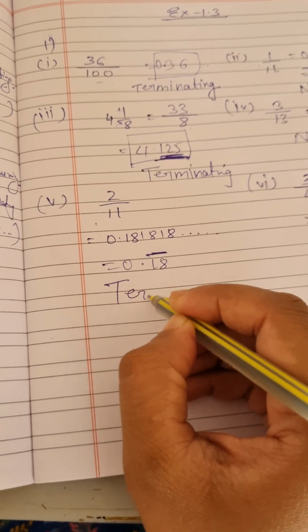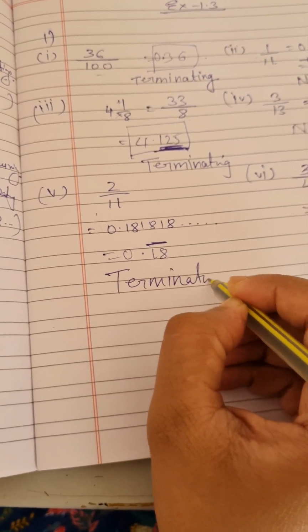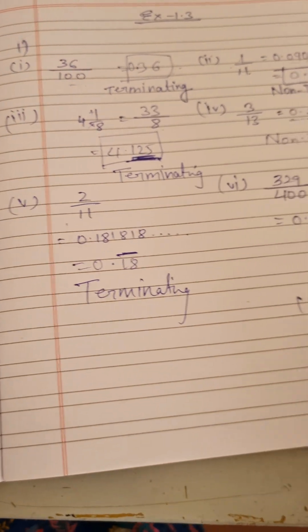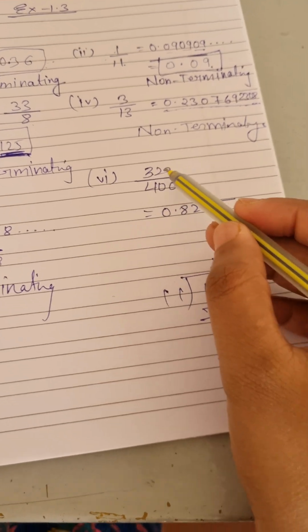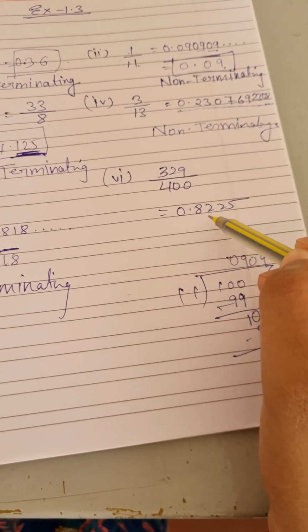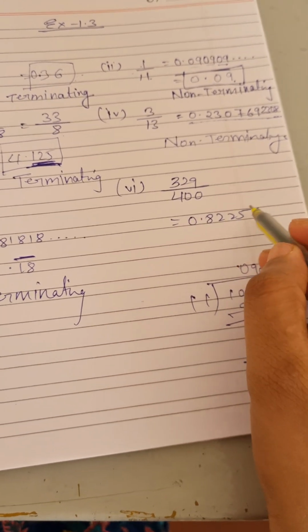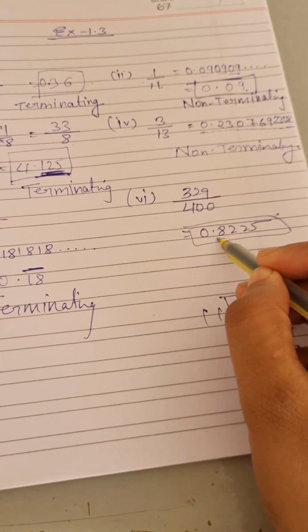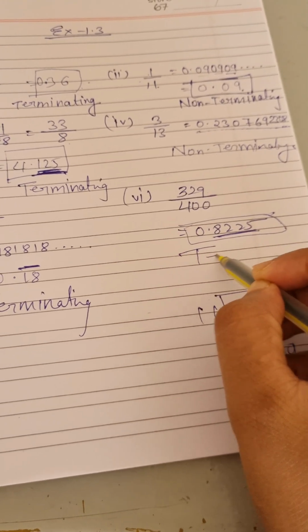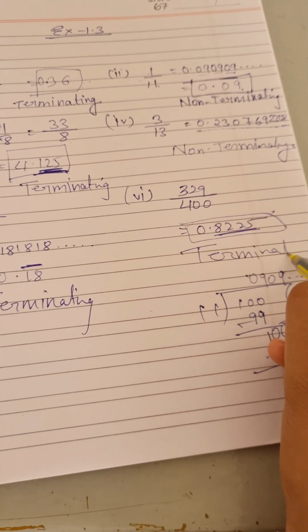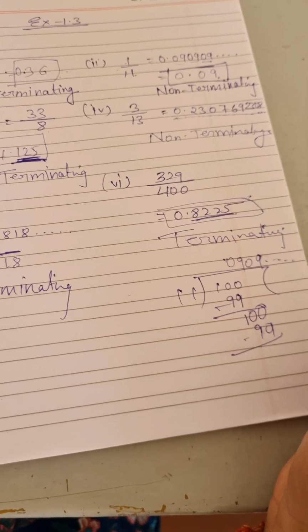So it is non-terminating, right? Now this number 329 divided by 400 will be 0.8225. After division we got this much. It has finite digits, so this is terminating. I hope I made myself clear.